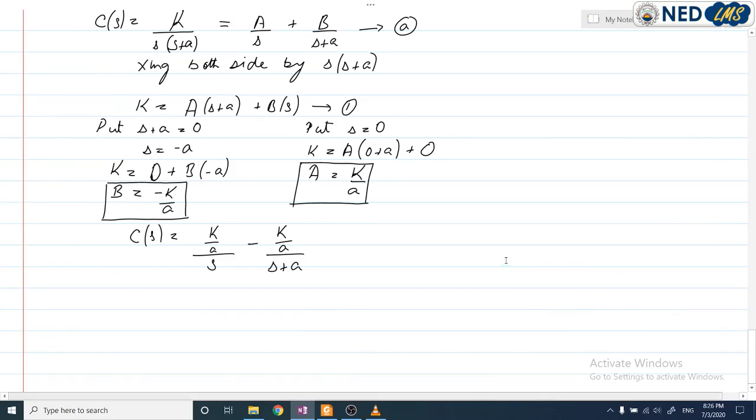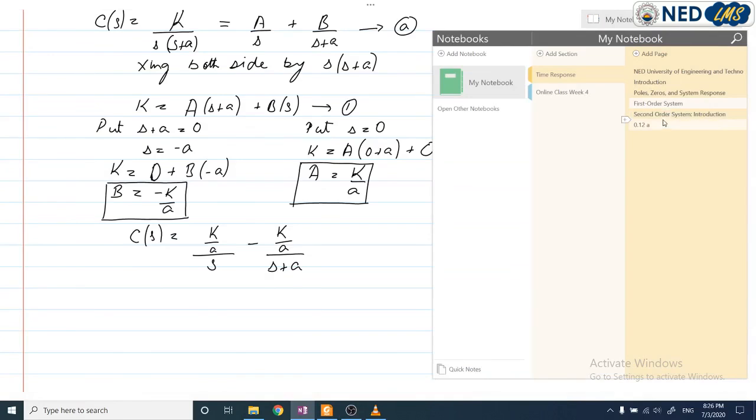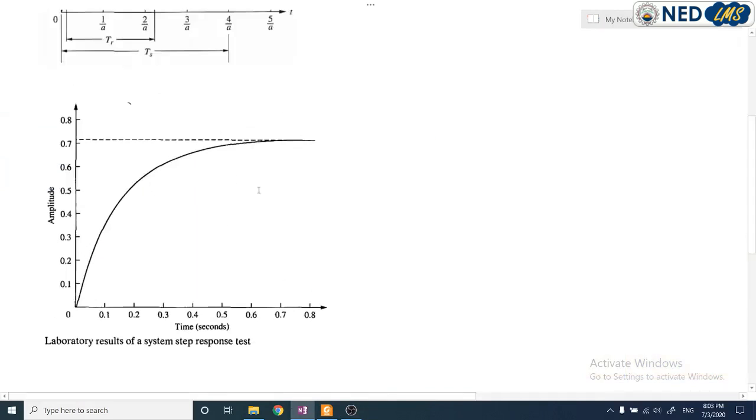So for example, assume that we have a unit step response as shown in this figure, and it is clear that the form or shape of this graph has the same characteristic as a first order system.